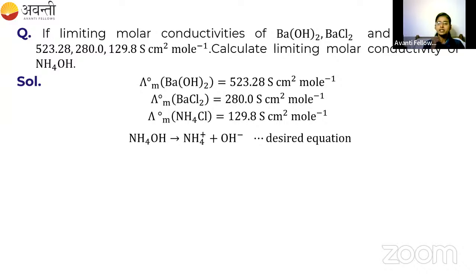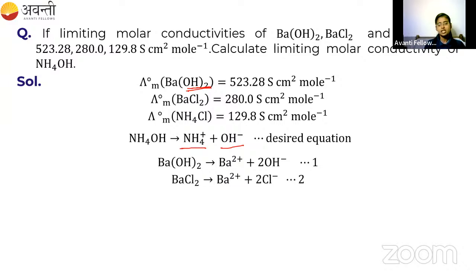So how do we get this equation from the given three compounds? In the desired equation, we have NH4 plus and OH minus. So check for OH minus. We have OH minus in Ba(OH)2. So Ba(OH)2 has to be dissociated like this, BaCl2 will dissociate like this, and NH4Cl will get dissociated like this.